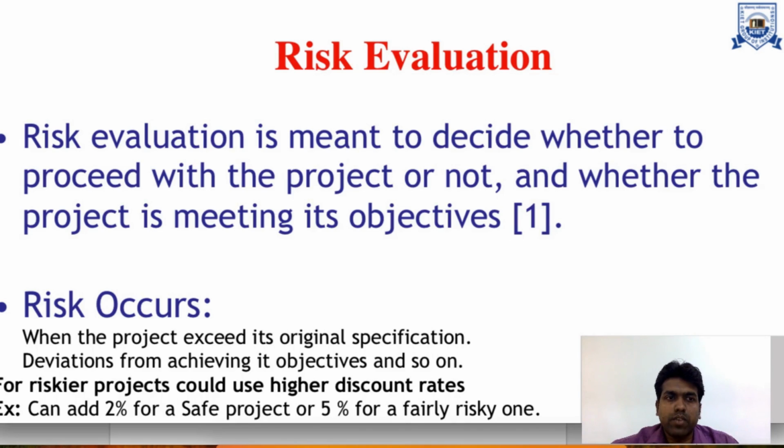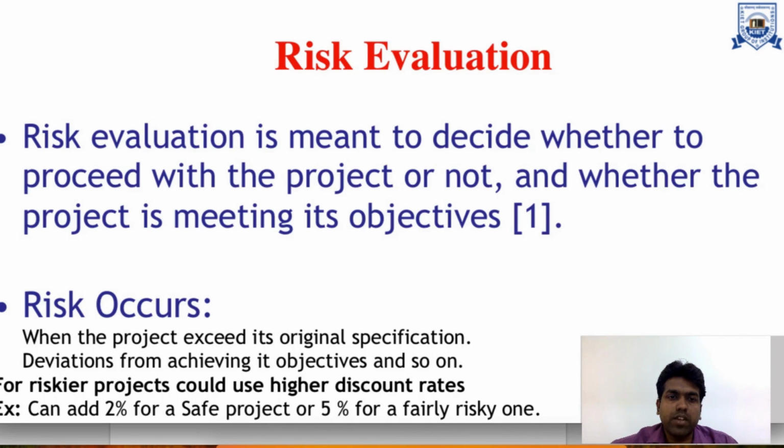So evaluation should be there, and this risk basically occurs in some scenarios, just like first one, when the project exceeds its original specification. If your project exceeds whatever specification you have made, then risk will occur.